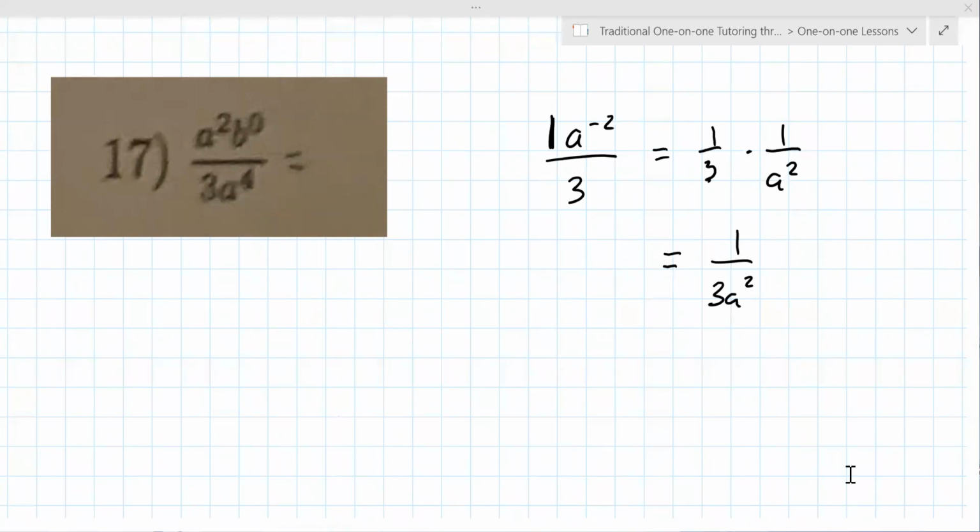Okay, let's try a couple more of these that aren't so awful. So let's go a to the 5th, a to the -8, b to the 0, and let's go 4 up top, -8 on the bottom.